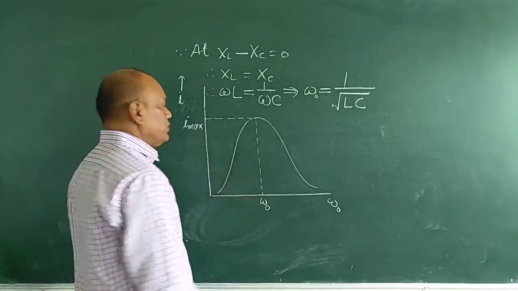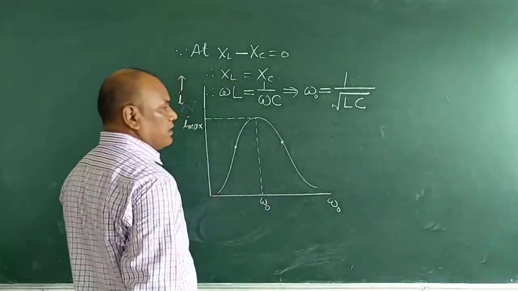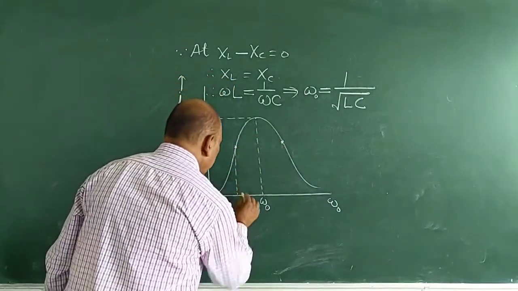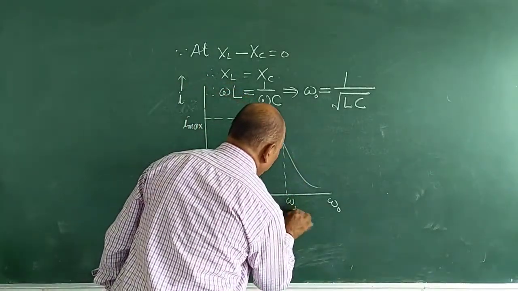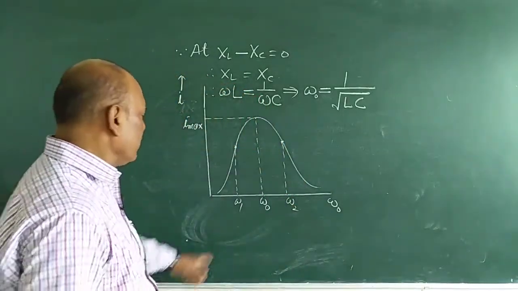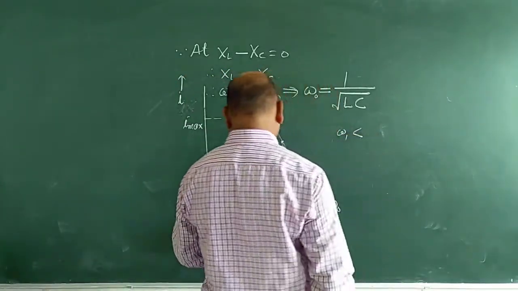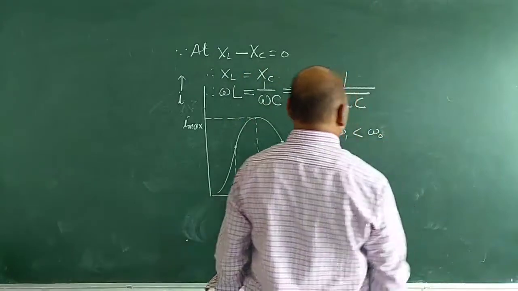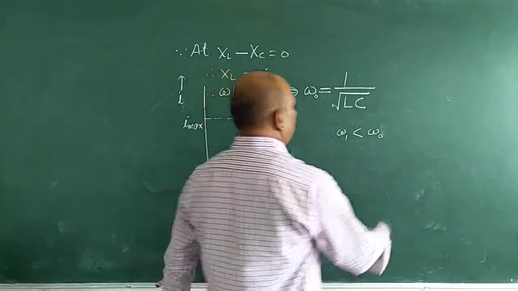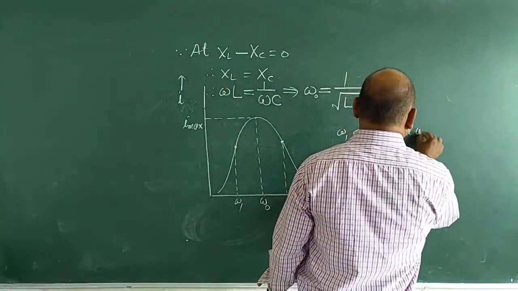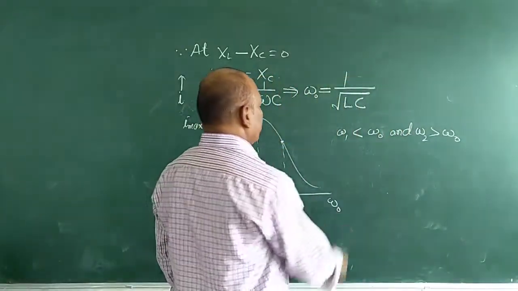If we take two points, one here and one here, suppose omega 1 and omega 2, then omega 1 is less than omega 0 and omega 2 is greater than omega 0.